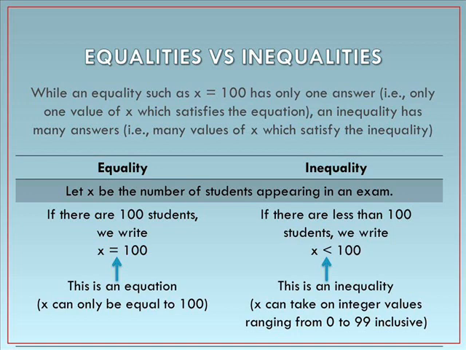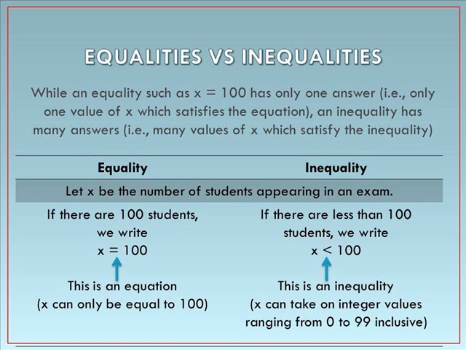Now let us discuss the difference between equalities and inequalities. The major difference is that while an equality has only one value of x which satisfies the equation, an inequality has many values of x which satisfy the inequality. Suppose x is the number of students appearing in an exam. If there are 100 students, we write x is equal to 100.